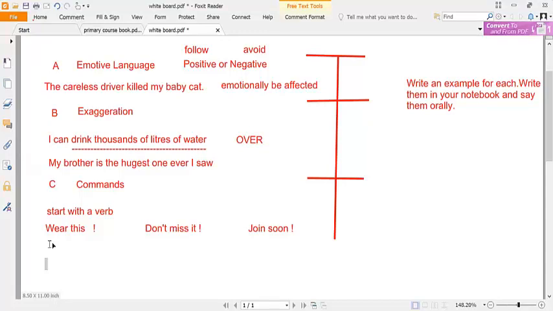Exaggeration: I can be awake for 3 days. Awake. Yes. Number 3, Yahya, the commands. The easiest one.